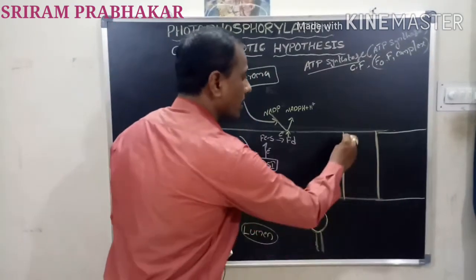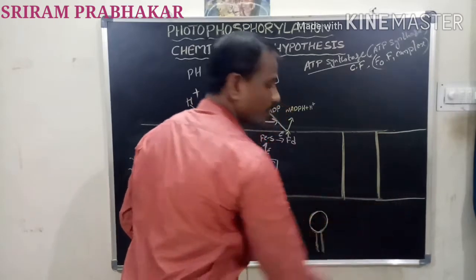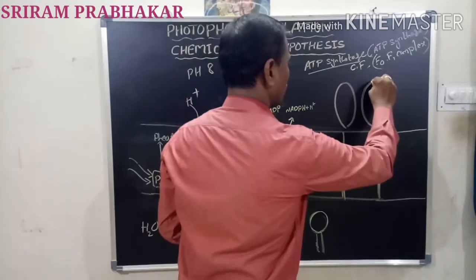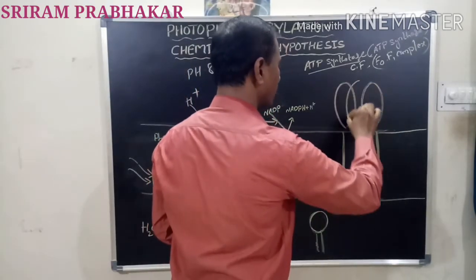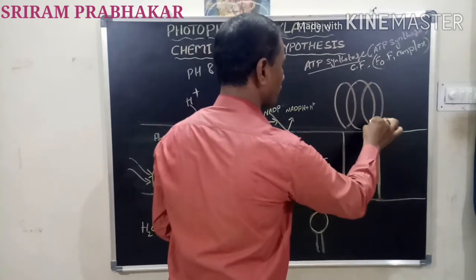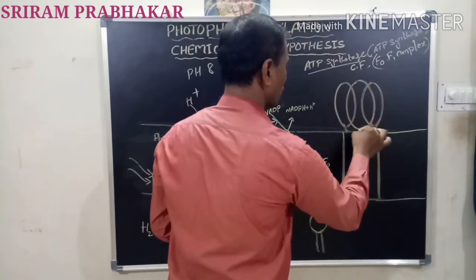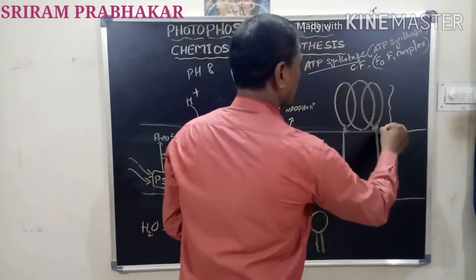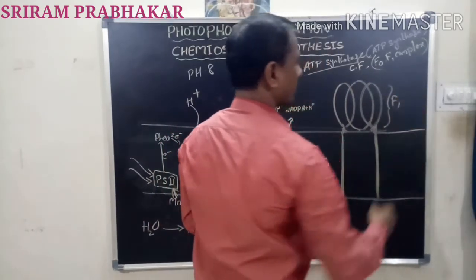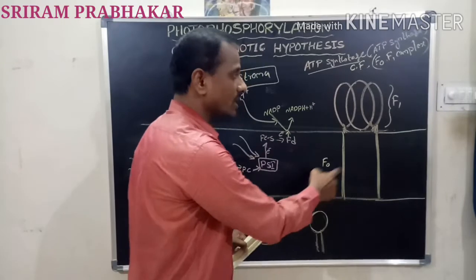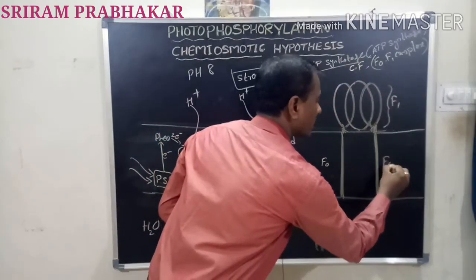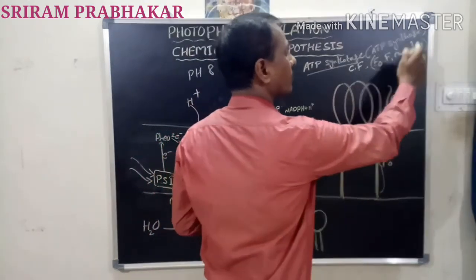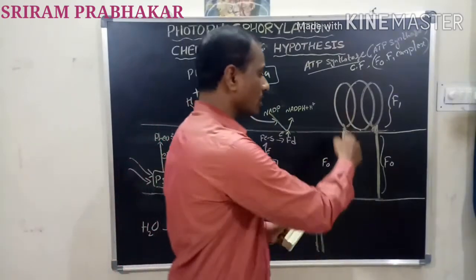The stalk portion is located in the thylakoid membrane and is called the F0 part. The globular portion is present inside the stroma and is called F1. This is the F0 portion, this is the F1 portion. Since it consists of the two parts F0 and F1, it is called the F0 F1 complex. This is the structure of the enzyme.